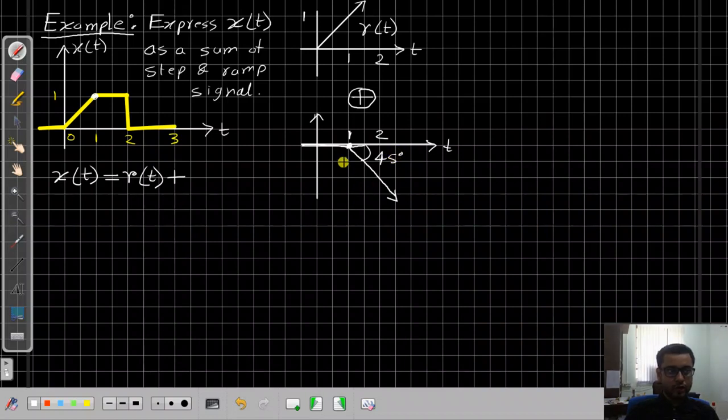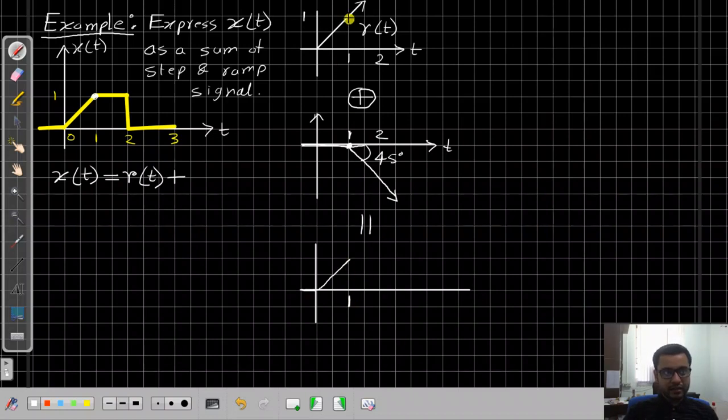Now if I add these two signals, then I shall get the following. The result of addition will be 0 here, then if you add this and this, it will increase at an angle of 45 degrees up to time t equal to 1.